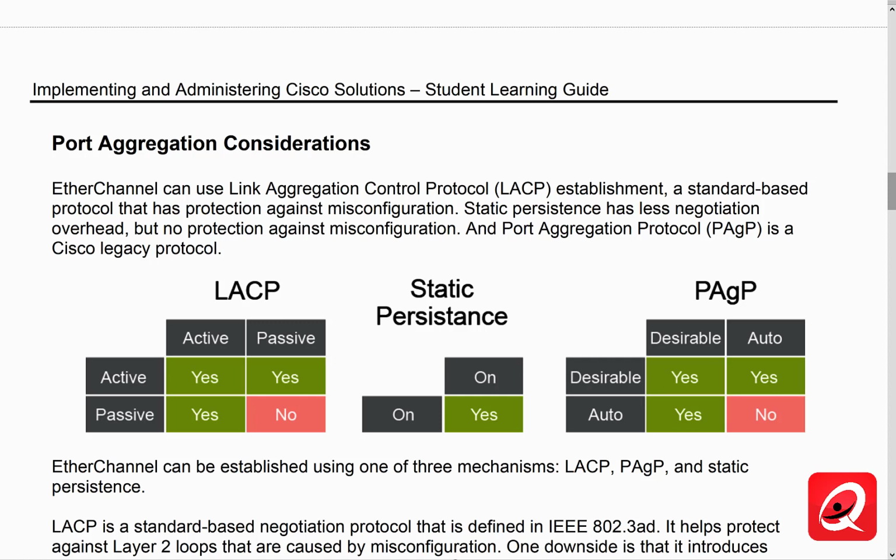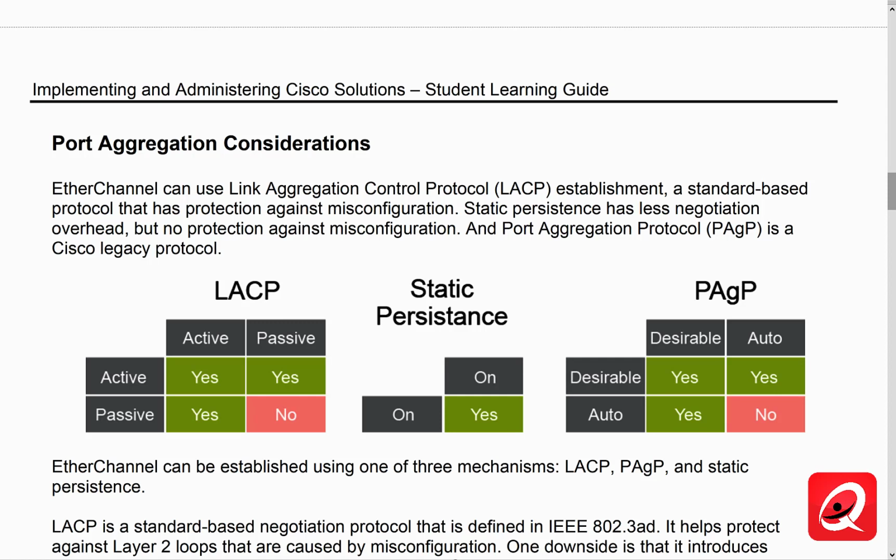Whether you decide to use static persistence or LACP or PAgP doesn't really matter. Obviously, we understand the basic differences between them. But what is important is how you decide to place ports into the EtherChannel.